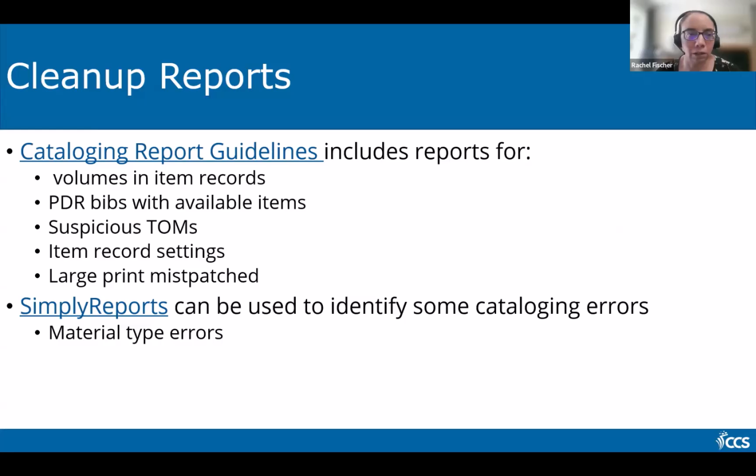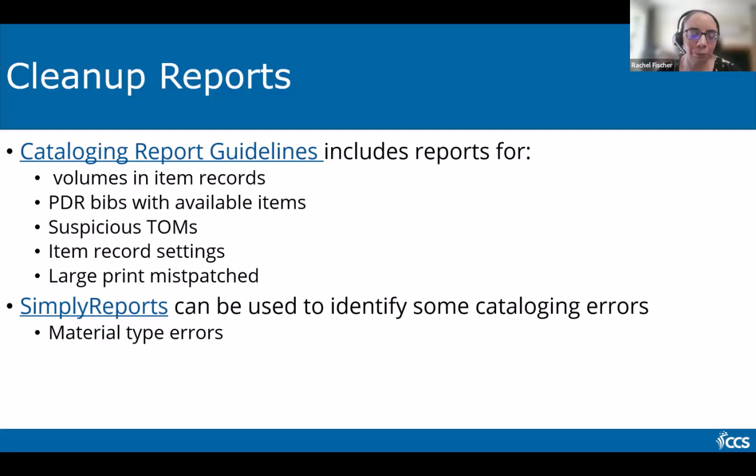Some of the reports on this page include things like volumes and item records, PDRs or on order records with available items. So these are records that haven't been fully cataloged yet. Suspicious TOMs or type of materials, item record settings, and mismatched large print records.